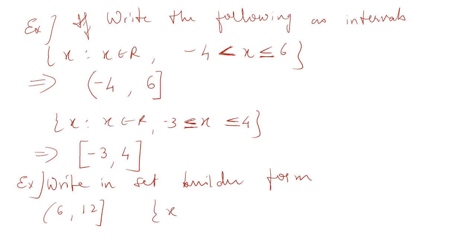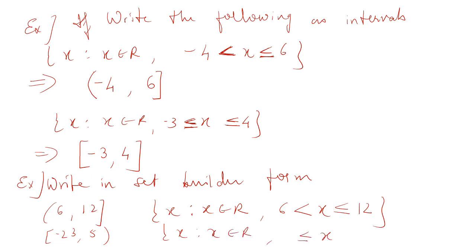The set builder form is x such that x belongs to R, it is always a real number only. 6 is excluded, so excluding means only greater than 6, and including 12 means less than or equal to 12. One more example, if you take [-23, 5), a semi-closed interval, x such that x belongs to R, x is greater than or equal to minus 23, including minus 23 and excluding 5.